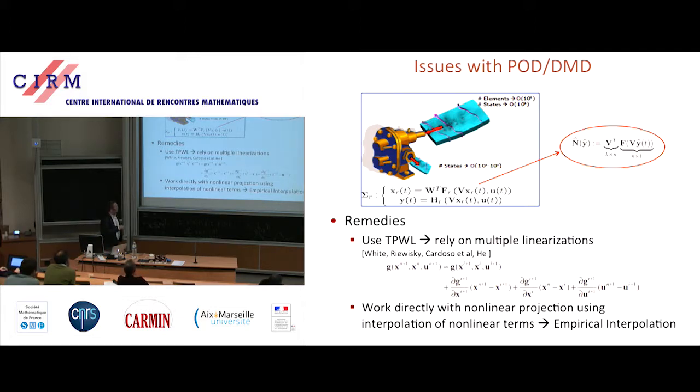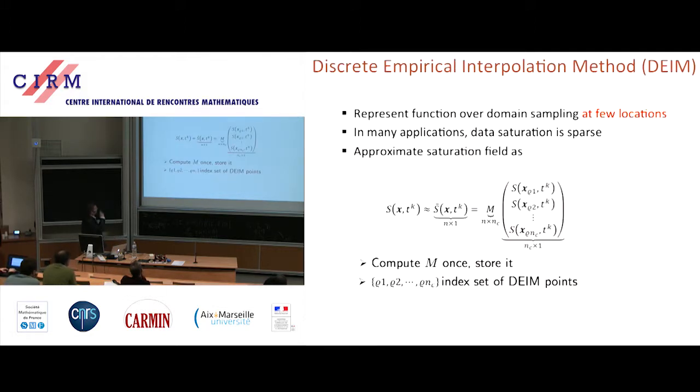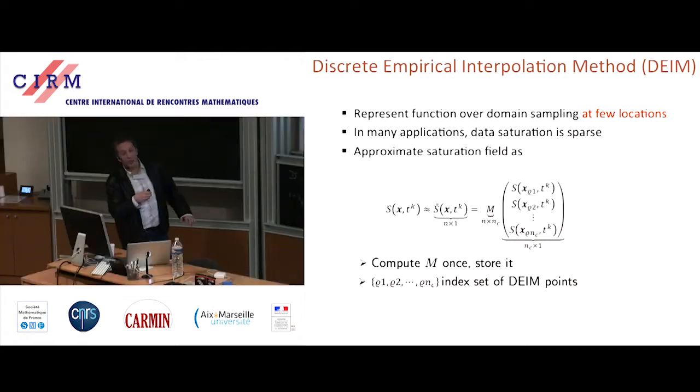So what we end up choosing to do is basically use nonlinear projections and use empirical interpolation ideas to reduce the cost of evaluating the residuals, even for the reduced order model, and even for the generalized multiscale problem. The way we go about it is we first applied it to a global problem, so just standard ideas of discrete empirical interpolation work.